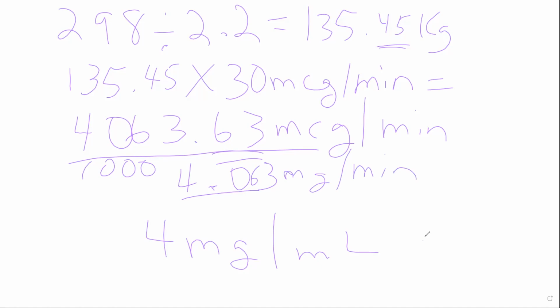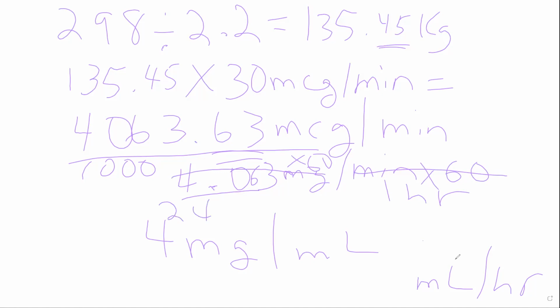Now we have to convert our time to an hourly rate because our problem is asking us for mLs per hour. So we would normally multiply this side by 60 to make this 1 hour, which means we also have to multiply this by 60. And that gives us 243.81 milligrams per hour.